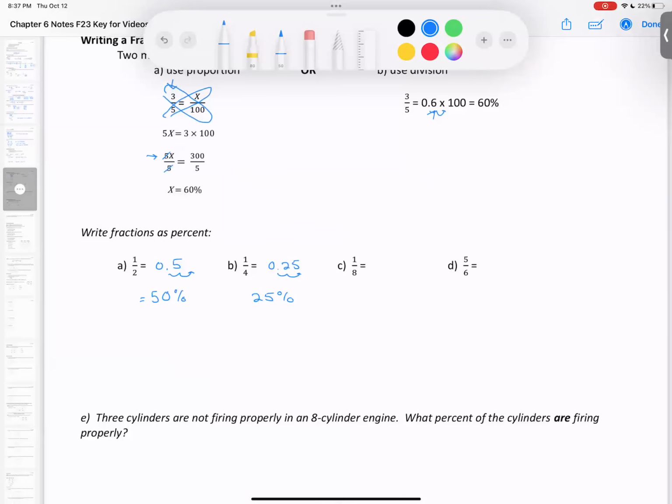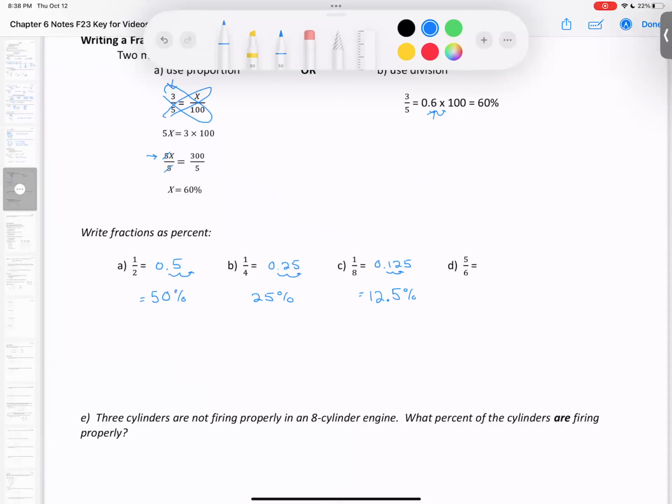Okay, moving on to C. So I'm going to do 1 divided by 8 on my calculator, and I get 0.125, or more correctly, I guess I should say 125 thousandths. So I'm going to move my decimal place 2 over to the right to convert that to a percent, and I get 12.5%.